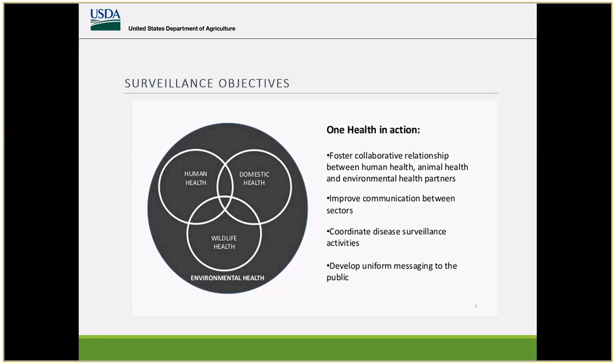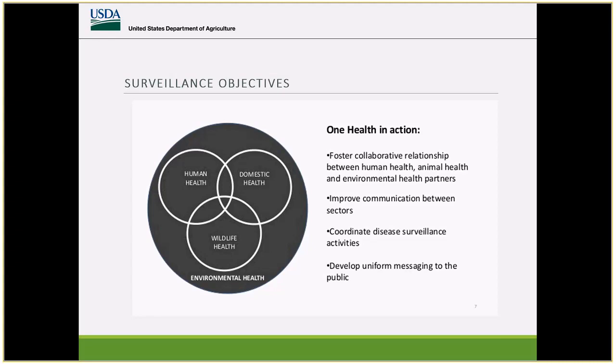So under surveillance, again, I'd like to emphasize that we've made these much more operational and measurable, and we'd like you to develop and maintain cross-sector communication protocols between human and animal health officials regarding human cases of zoonotic disease and confirmed or suspect cases of zoonotic disease in livestock and poultry.